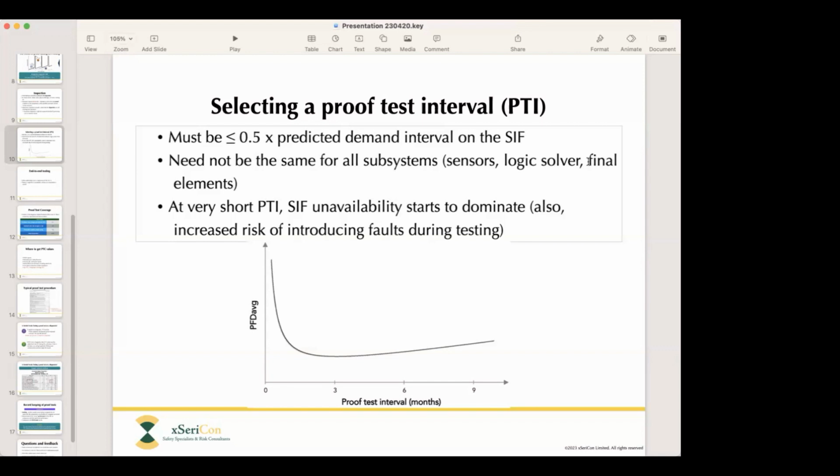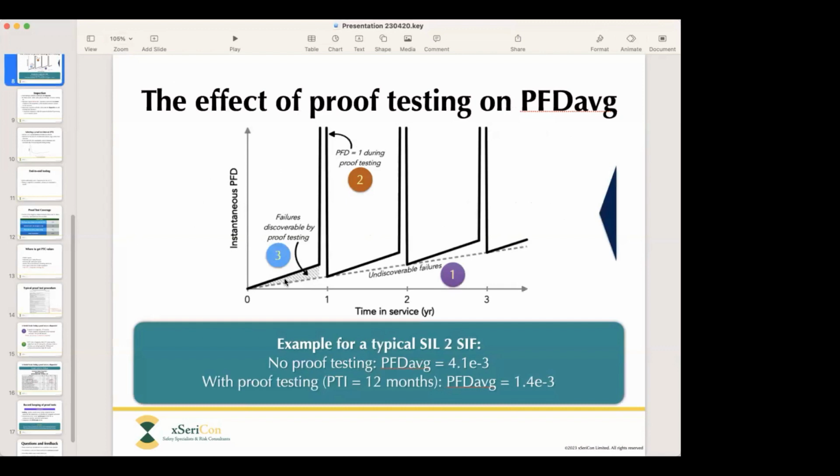So you need more proof testing in order to keep that down, basically, to discover those number 3 area on the graph that I showed you a moment ago. This area number 3 would be bigger for less reliable equipment, especially for final elements.